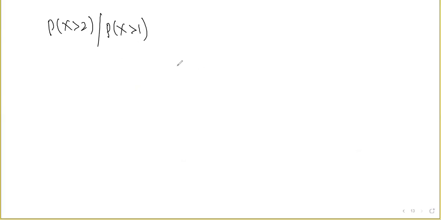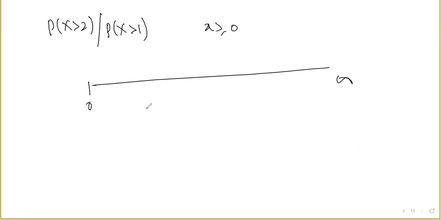So what is the range of x that they gave? X is greater than or equal to 0, which means 0 to infinity is our range, right? Somewhere on our real line we have 1, and somewhere we have 2, then 3, 4 and so on up to infinity. What is the meaning of this one?